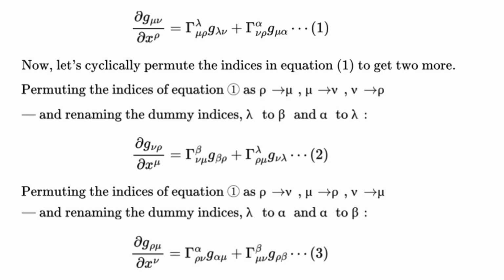Permuting the indices of equation 1 as rho to mu, mu to nu, nu to rho, and renaming the dummy indices lambda to beta and alpha to lambda. Permuting the indices of equation 1 as rho to nu, nu to mu, mu to rho, and renaming the dummy indices lambda to alpha and alpha to beta.